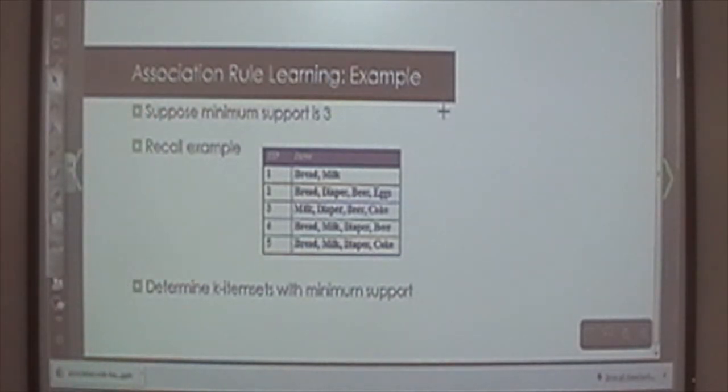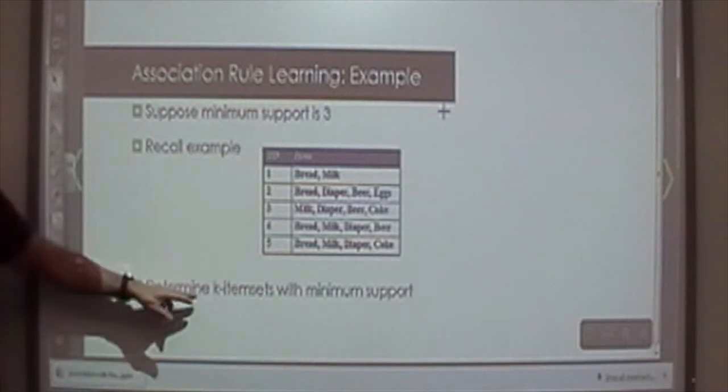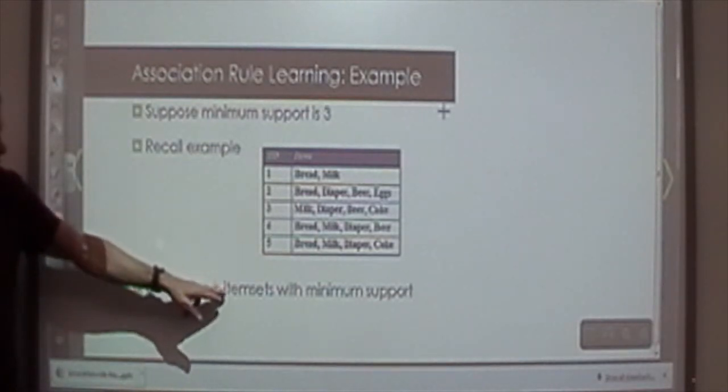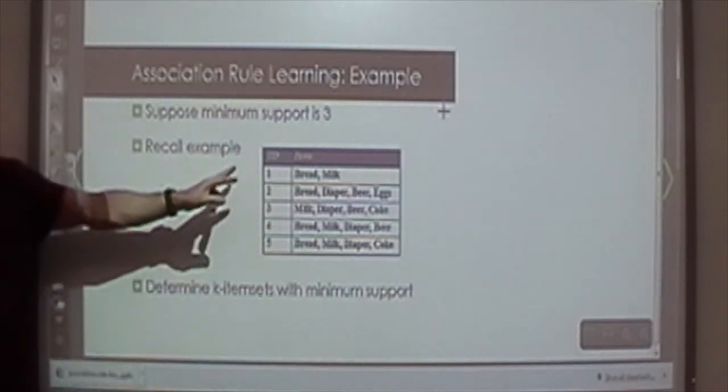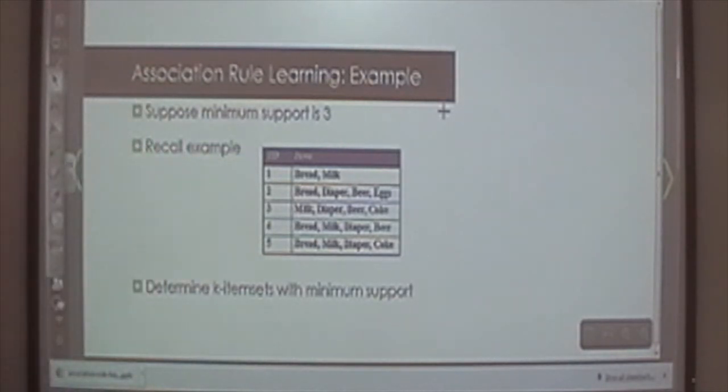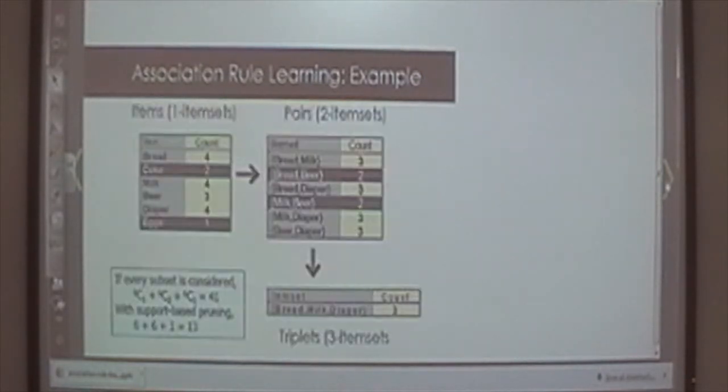Right? So we're going to call them K item sets. The K here is like I can look at 1 item sets. That's going to be an item set with 1 item. A 2 item set will be an item set with 2 items. So here we have it.